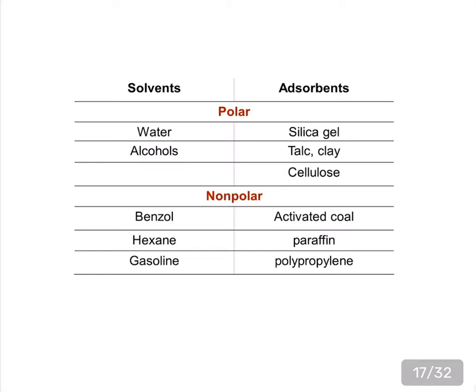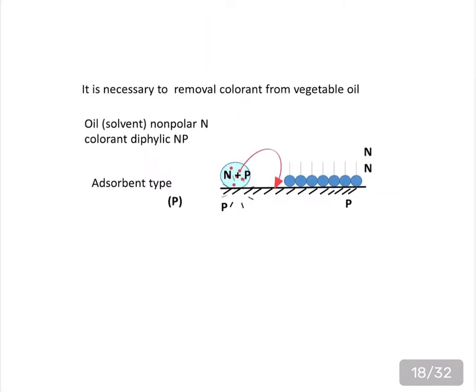So how can we use Rehbinder's rule for selection of a liquid? For example, we must remove colorants from vegetable oil. So what type of adsorbent must be chosen? At first, we must define the nature of the dissolved substance.